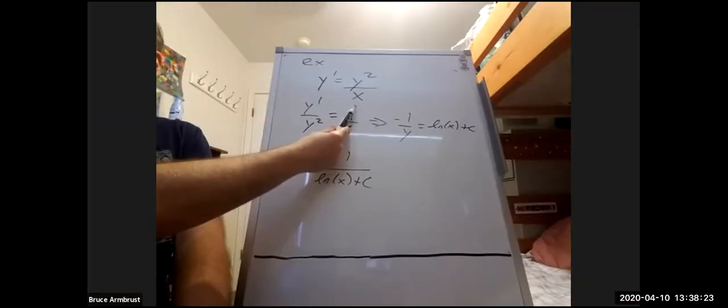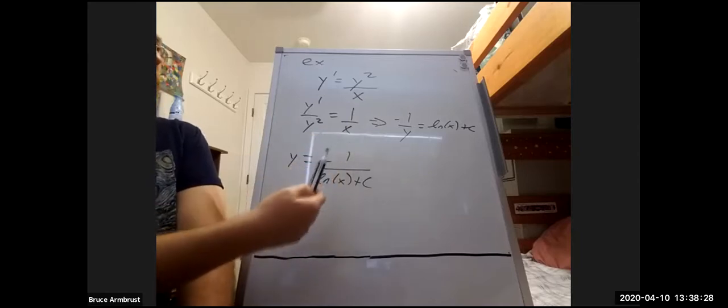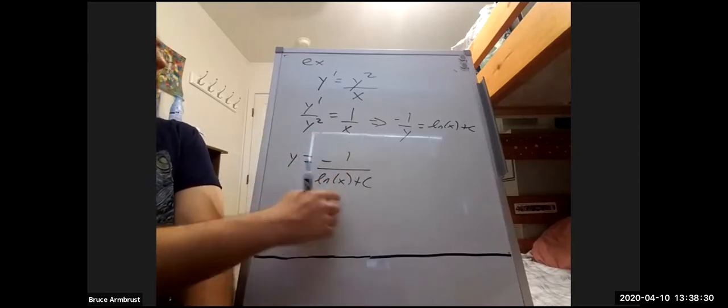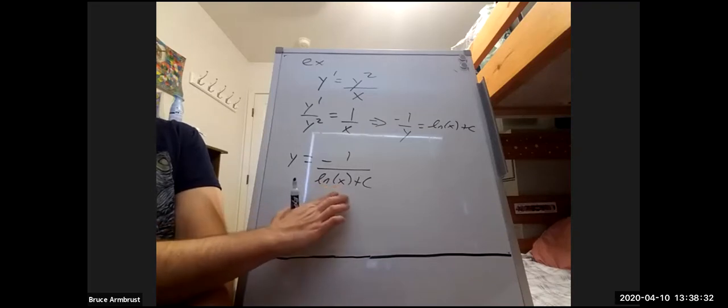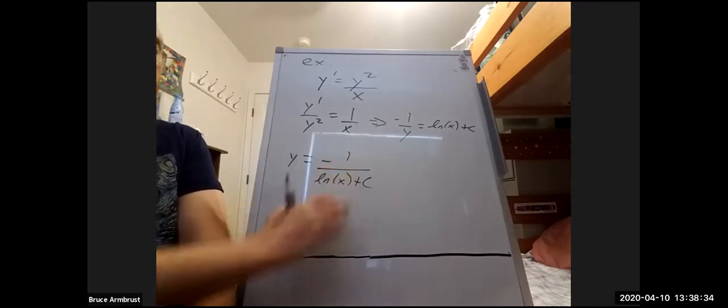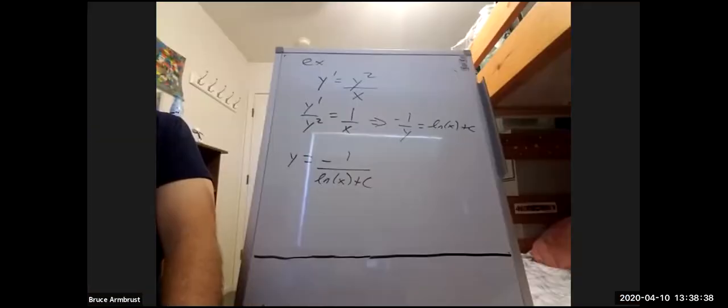So since x cannot equal 0, we know we're going to be on one side or the other. And that's what happens with those absolute values. If we're on the positive side of 0, this is perfectly fine. If we're on the negative side, we would have our absolute value.